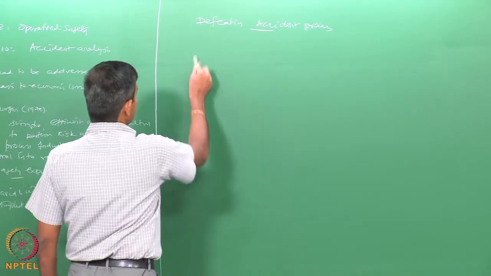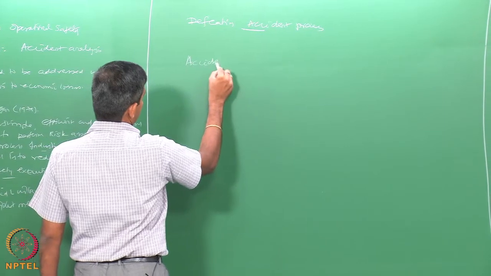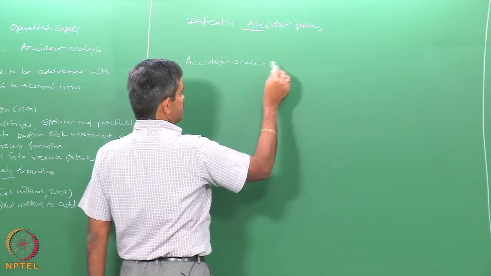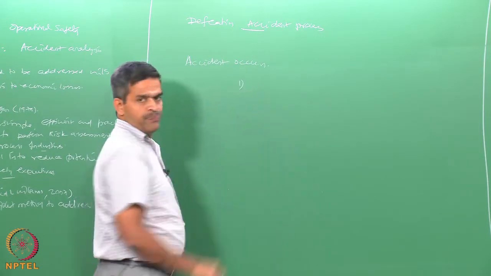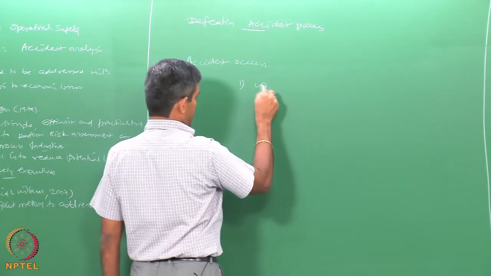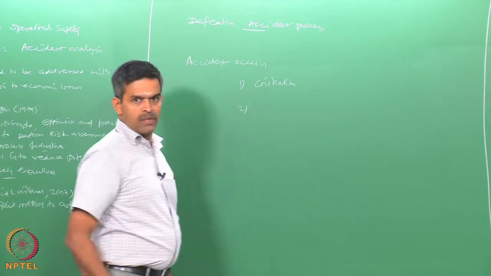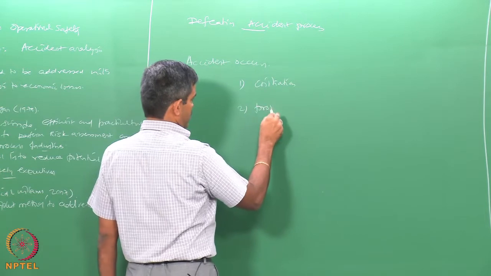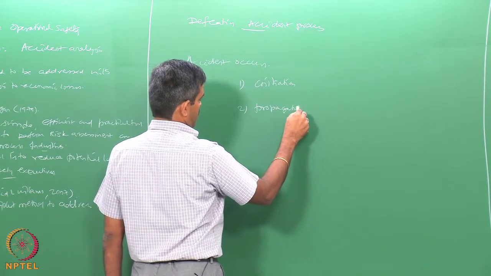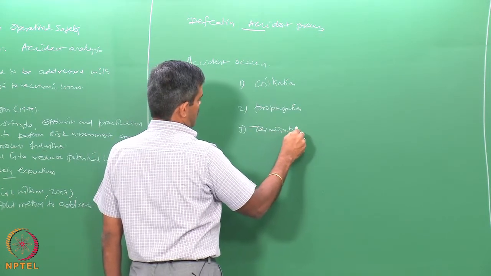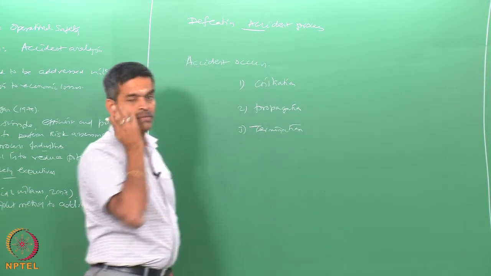Let us say an accident occurs due to initiation, propagation and can be controlled with termination.